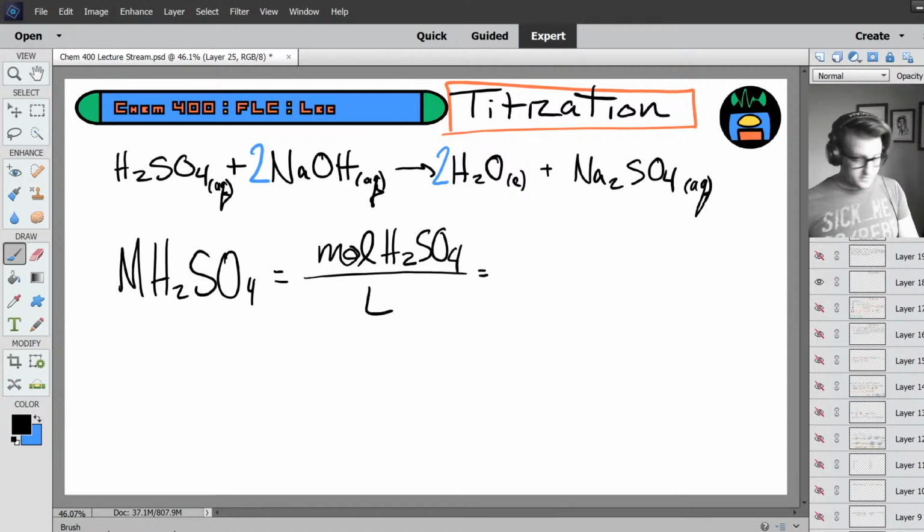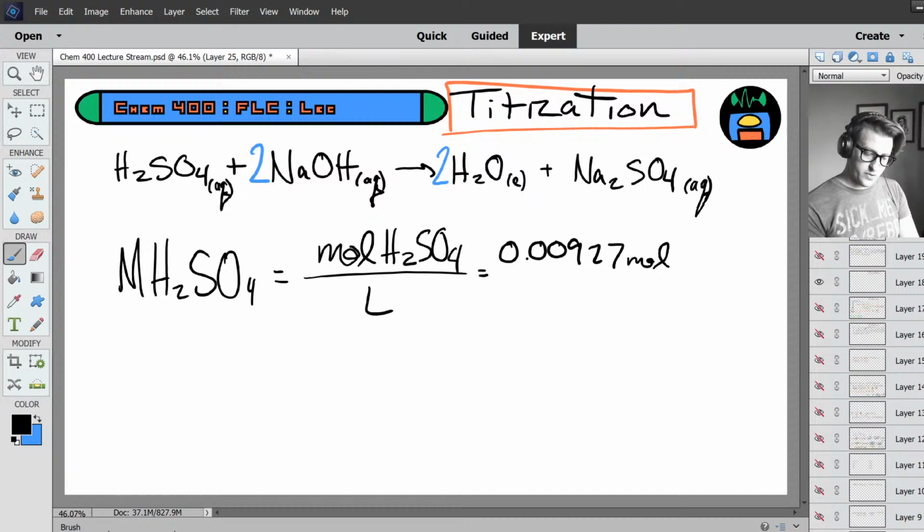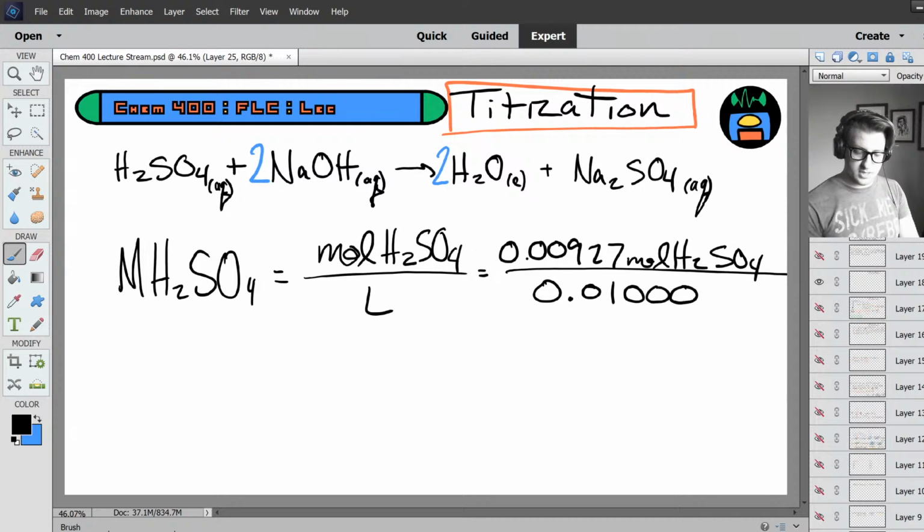And we have, as we just calculated, 0.00927 moles of sulfuric acid. And we have a volume of 0.01000 liters.